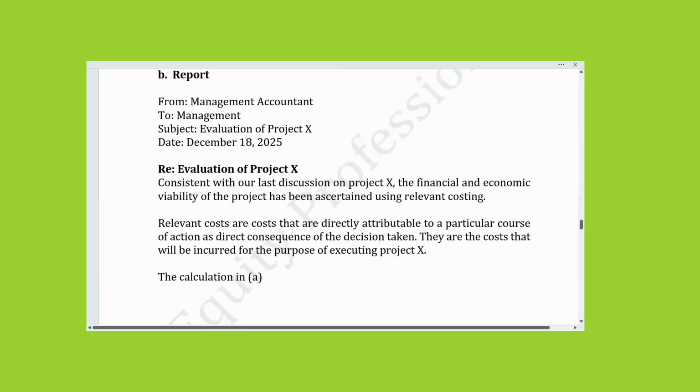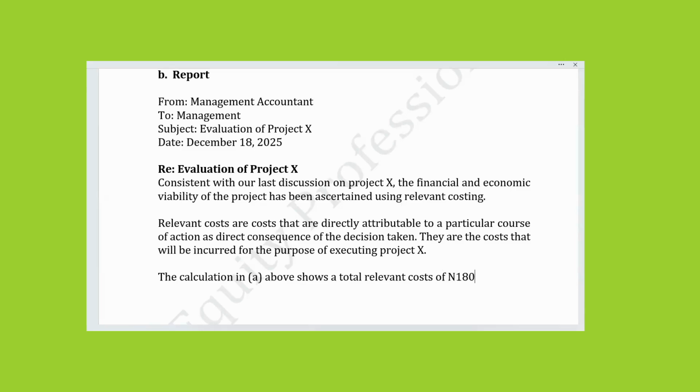You can say A above or Appendix A. All right, in A above shows a total relevant cost of 180,000 naira. This means that the project will be profitable.